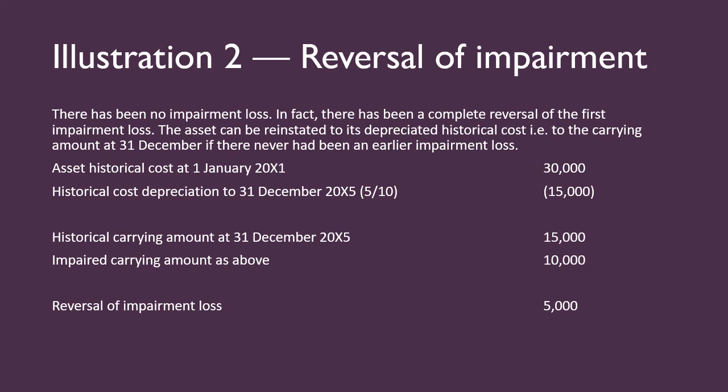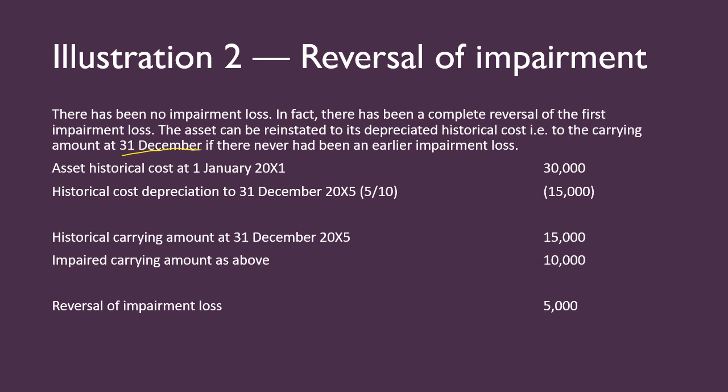In fact, there has been a complete reversal of the first impairment loss. The asset can be reinstated to its depreciated historical cost, i.e. to the carrying amount on 31st December 2015 if there never had been an earlier impairment.